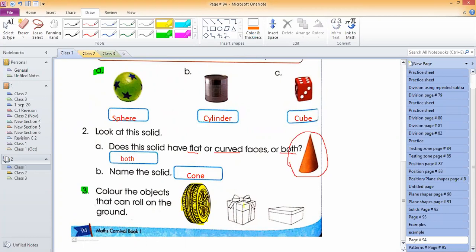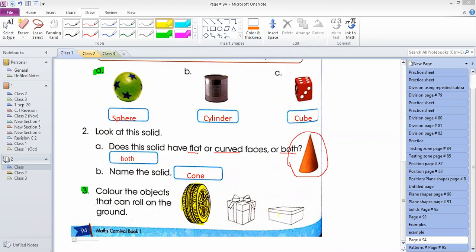Guys, can you roll this gift box on the ground? Can it be rolled? No, because it does not have a curved face. It has flat faces. It can only slide. It cannot roll.